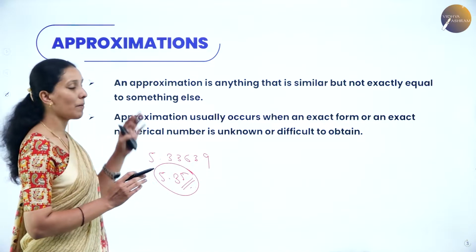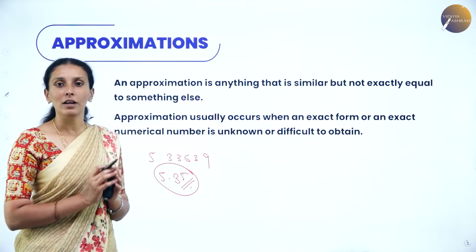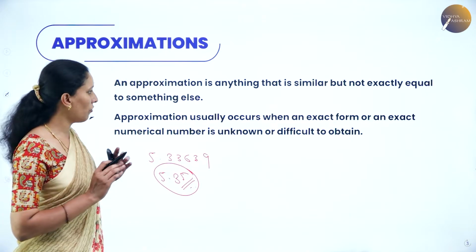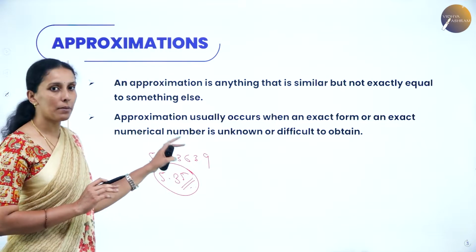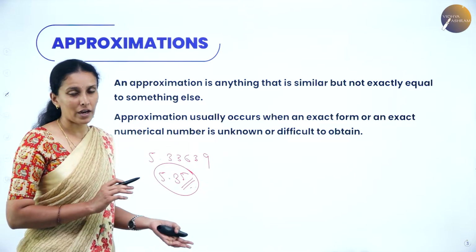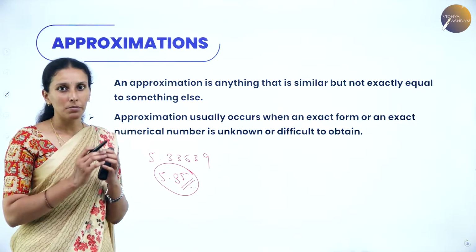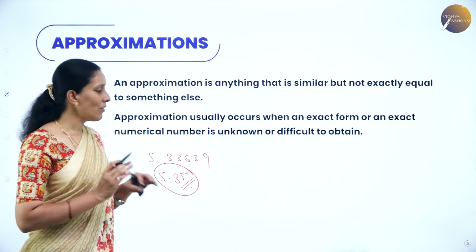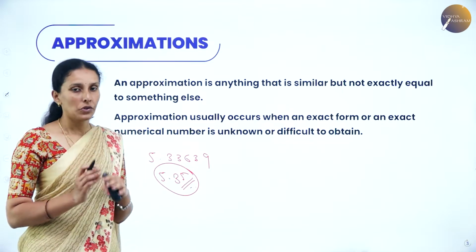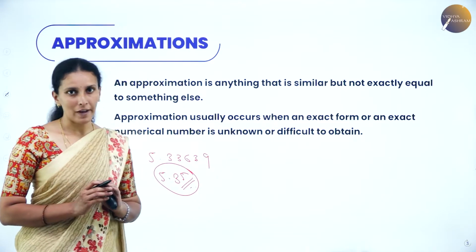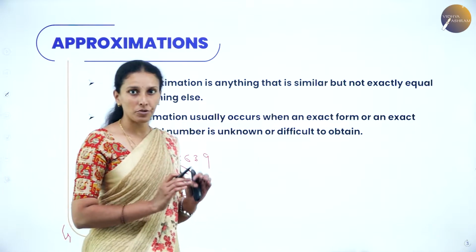That is where the approximation of numerical values is used. It usually occurs when an exact numerical value is unknown or difficult to find. So whenever we need an exact value and it is not possible to identify it easily, we will approximate the value so that it is almost near to the expected value. This is where approximation is used.